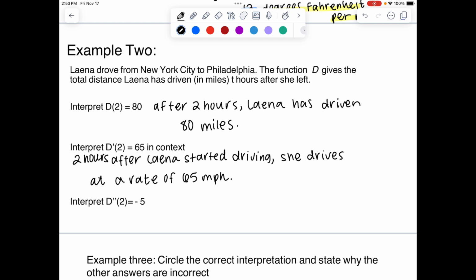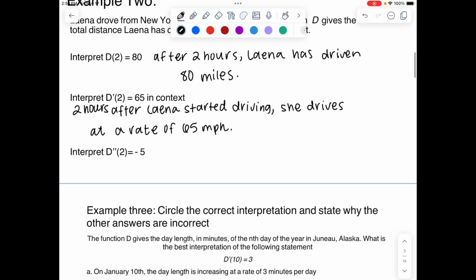So there's no increasing or decreasing, because she's just driving. In the last one the temperature could have been increasing or decreasing, but she's just driving now, and so this is just how her distance is changing with respect to time. So 2 hours after Lena started driving, she drives at a rate of 65 miles per hour. So I have my instant, my context, my rate of change, and my units.